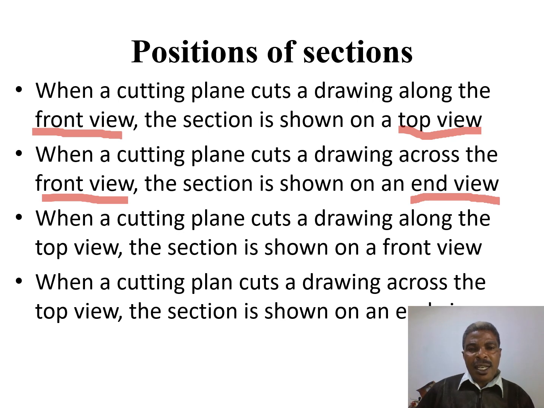When a cutting plane cuts a drawing along the top view, as you can see here, the section is shown on the front view. It's very important to note this. When a cutting plane cuts a drawing across the top view, the section is shown on the end view.